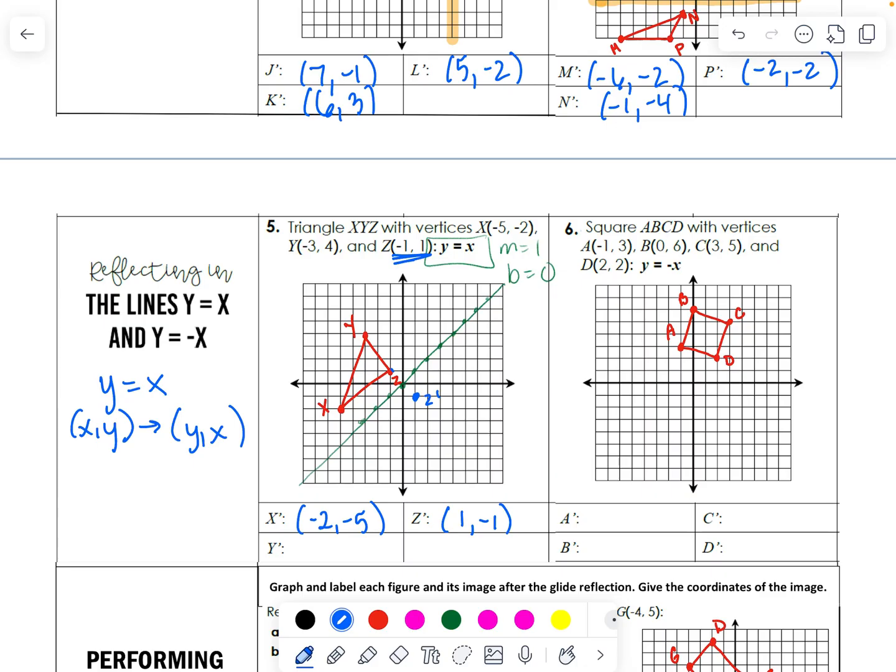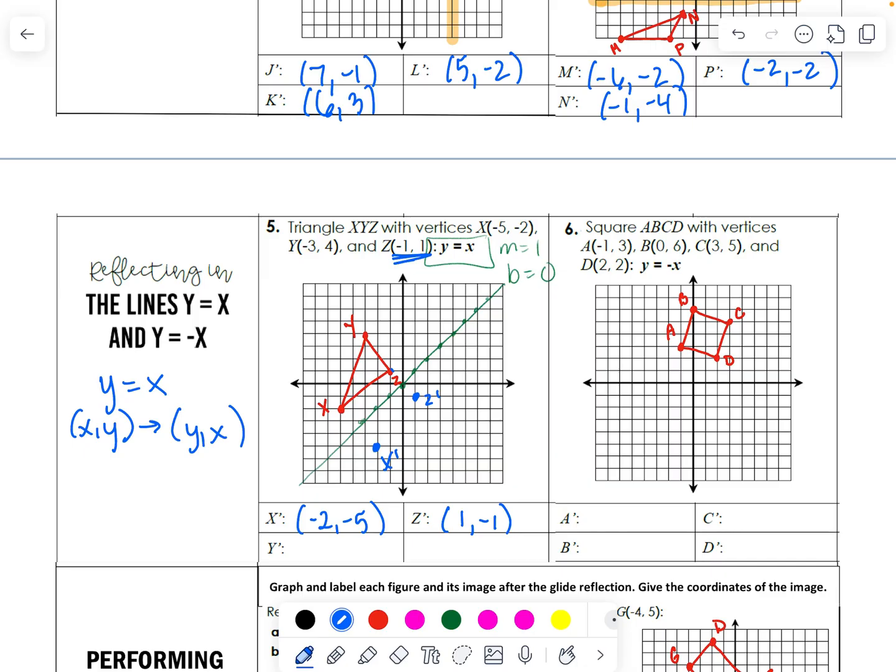So let's plot that and see if it makes sense. -2, 1, 2, 3, 4, 5, -5. Whoops, go back. I didn't go negative. Go negative. -2. 1, 2, 3, 4, 5. What's also good is you can check yourself visually because that didn't look right. This is like a diagonal and a half away from the reflection line.